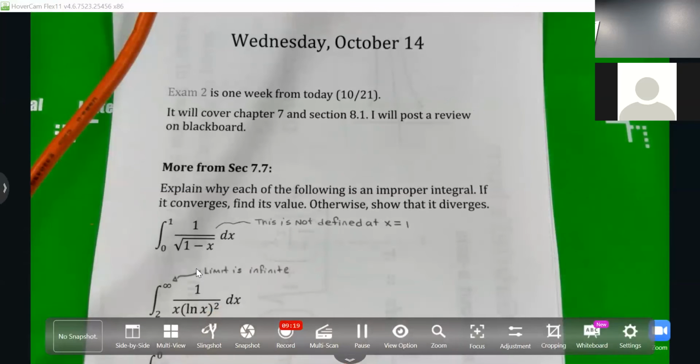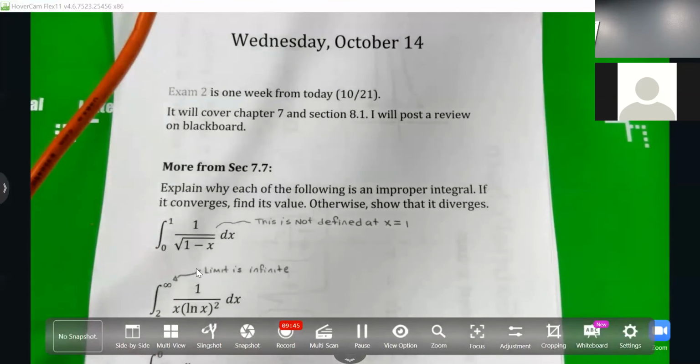So I've left out the 0, right? x equal to 0 would give me 0 in the denominator. The natural log of what number is 0? Natural log of 1 is 0, and I left out the 1 as well. So it's strictly a type 2 improper integral. The upper limit is infinite. It's defined everywhere else.